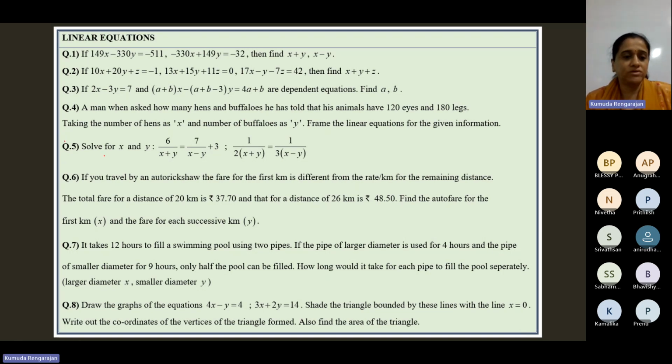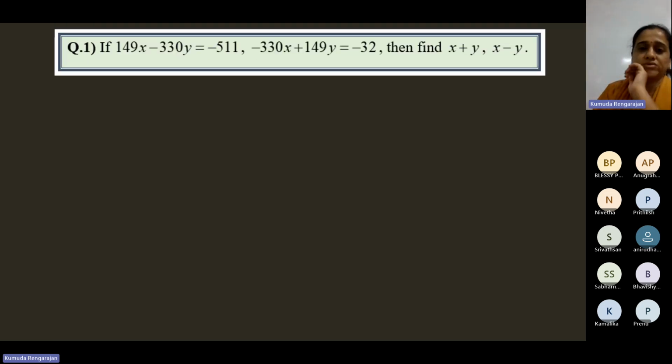This is now not a part of your syllabus. 5 you can ignore. 7 also you can ignore. Five and 7 are not a part of your syllabus, so don't do it. I'll present only the first question.